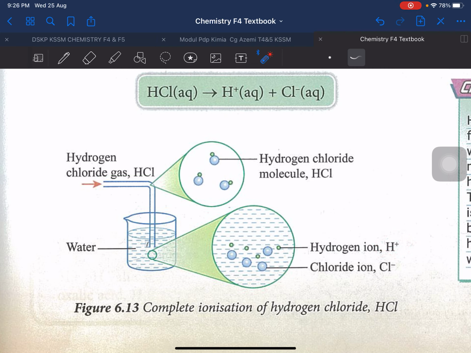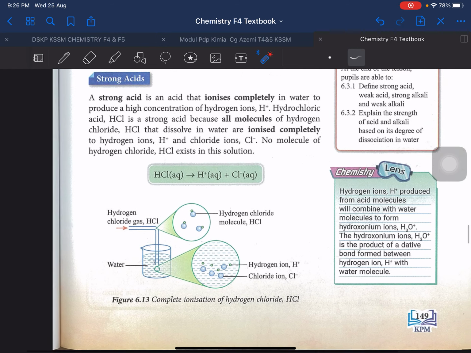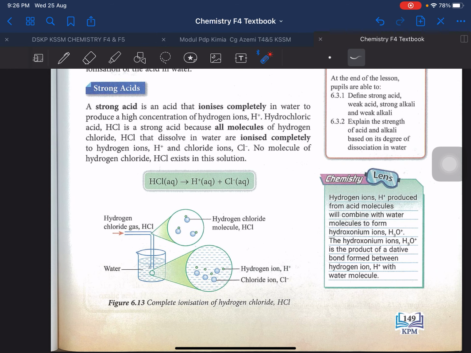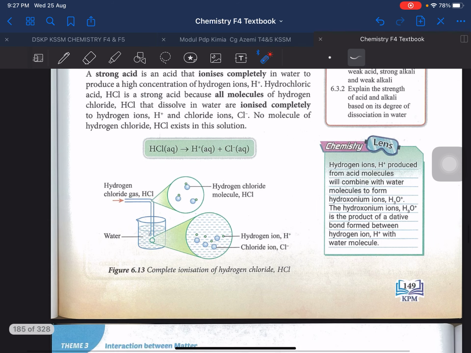So once dia sudah jadi hydrogen ion and chloride ion, dia tidak akan balik lagi jadi hydrogen chloride gas. Tidak akan sudah. Okay, dia akan terus terurai sepenuhnya menjadi H plus and Cl minus. So that is what I meant by ionize completely. Hanya asid yang kuat saja can ionize completely, sepenuhnya. Tidak boleh balik sudah. Okay, I hope you understand.